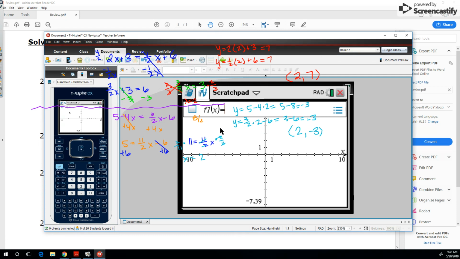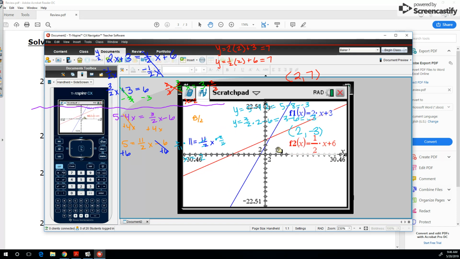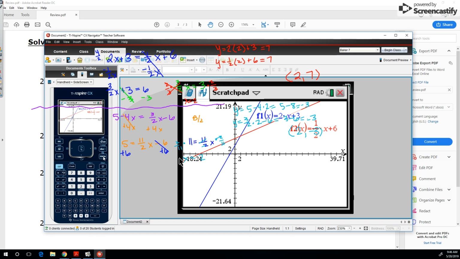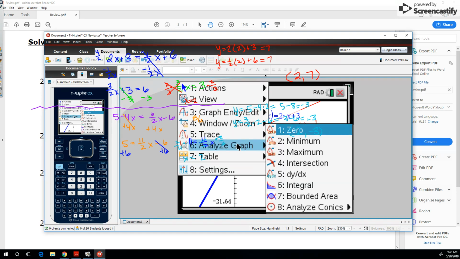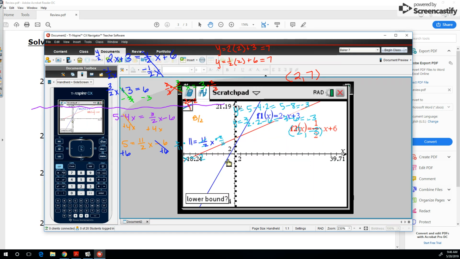The first one that we did up in the top was 2x plus 3. Press tab to get our other one, 1/2 x plus 6. When we're looking for where they intersect, I go to menu, analyze, intersection, left, right, and there's my 2, 7.